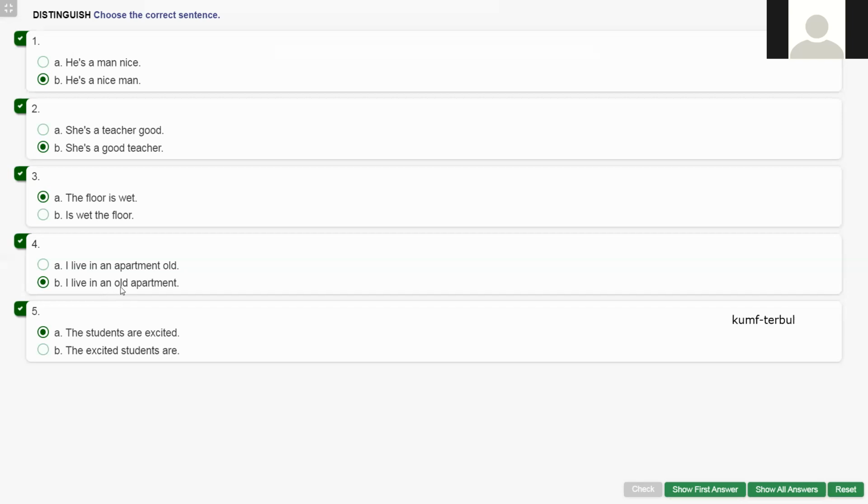When this word has a vowel A, E, I, O, U, then we use an to separate the vowel sounds. So notice here, G is not a vowel, so we just use A. Same with nice man. So if there's an adjective or a noun that starts with a vowel, then you will use the article an. Okay. Very good. Great job, my friend.